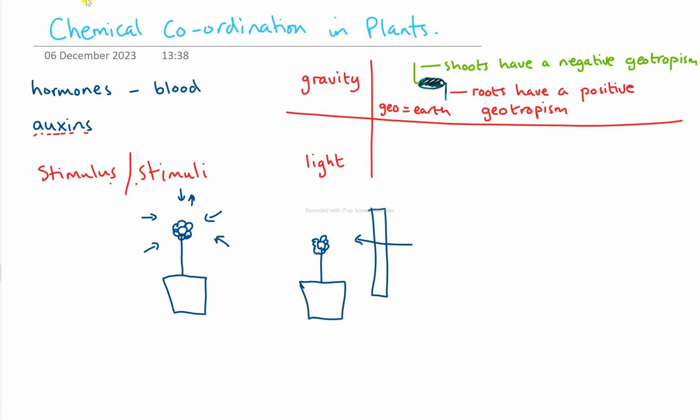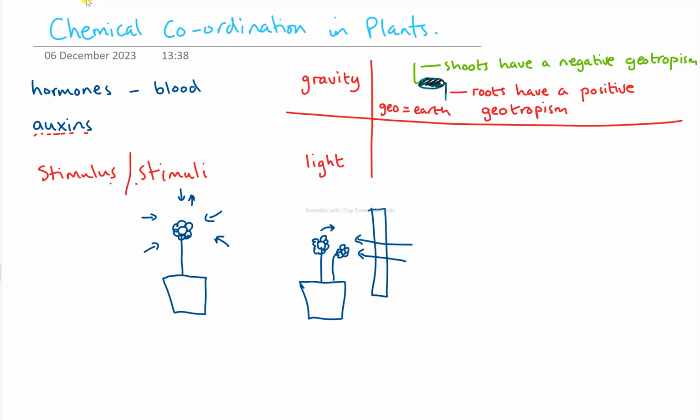The light's coming in primarily from one direction. You'll get some bouncing off. What will happen is the plant will face that way and start growing in that direction. And it'll end up doing something like this. And you'll notice that in a couple of days actually with some of the plants. And that's positive phototropism.